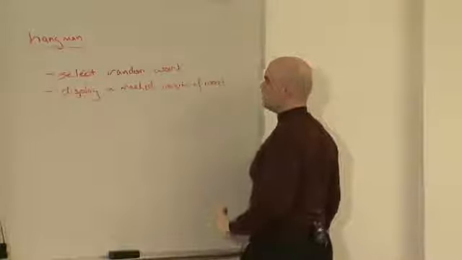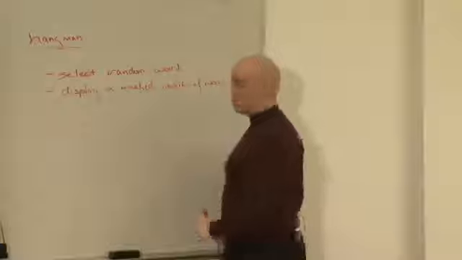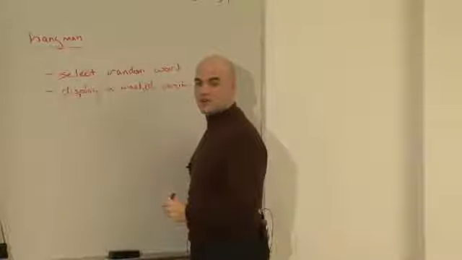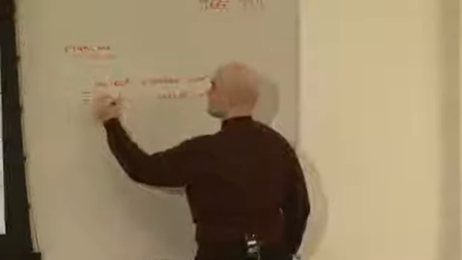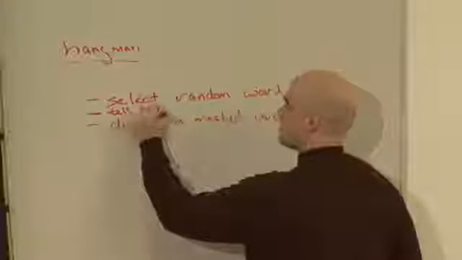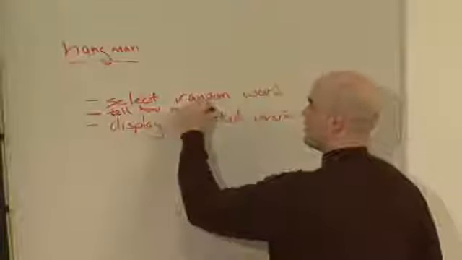You probably want to state how many letters are in the word at some point. Oh, that's a good point. That should probably be before the display. Okay. So tell how many letters. All right. Now, what would come after this?